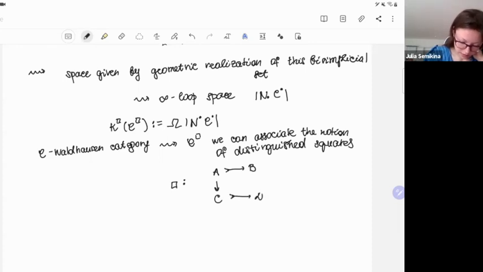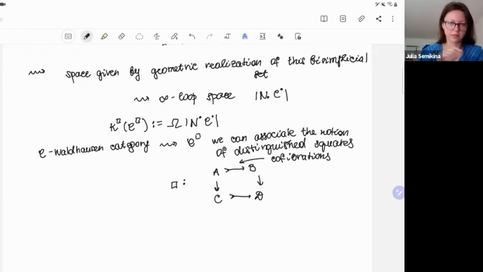look like this. So in a Waldhausen category, we have a notion of cofibrations. So these are cofibrations. We look at all commutative squares where horizontal maps are cofibrations, and we require that D is weakly equivalent to the push out, like this.